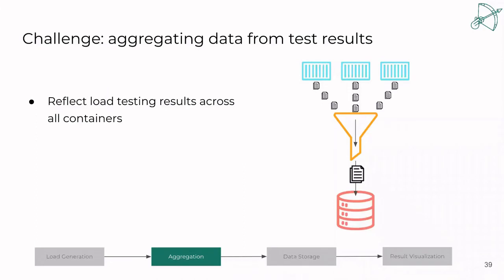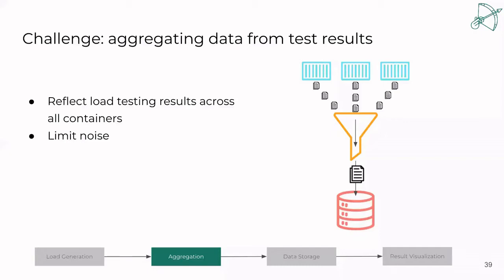The downside of spinning up multiple containers to generate load is that the results generated by each test do not take into account the results generated by tests in other containers. This means that every data point presented to the user when visualizing does not represent the load test as a whole. Instead, it represents the performance of the API from the view of a single container.